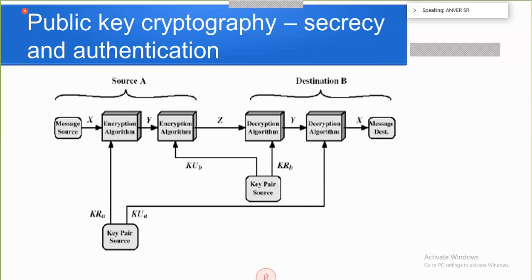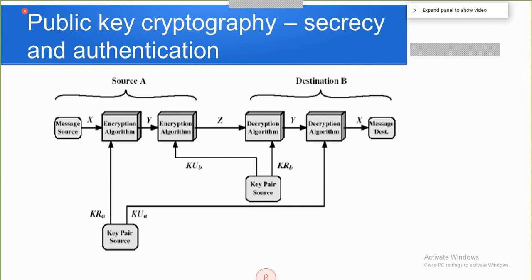The original plain text is X, and the message encrypted using the private key of the sender is Y. That Y is encrypted again using the public key of the receiver, so the message becomes Z, the ciphertext that is passed to the receiving side. So here we are applying the encryption algorithm 2 times: first using the private key of the sender, and second using the public key of the receiver. Then it is passed to the destination.